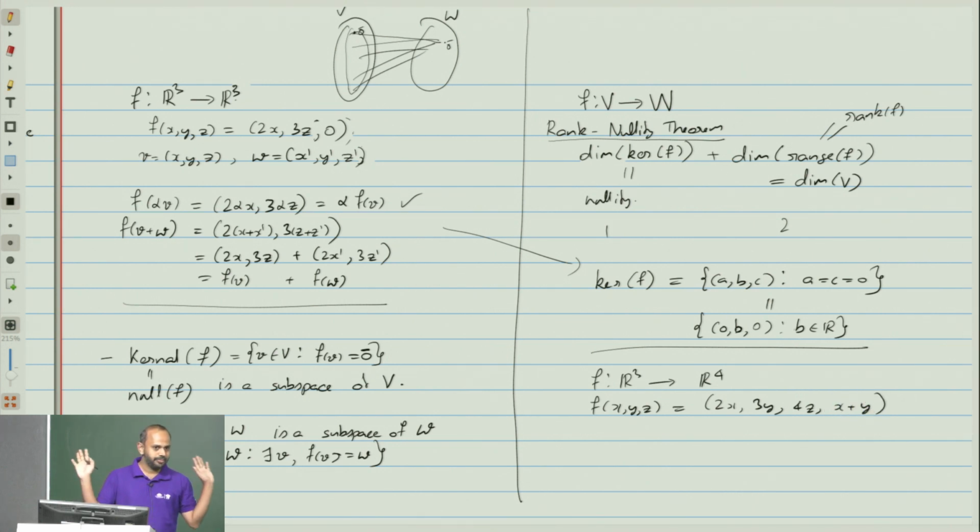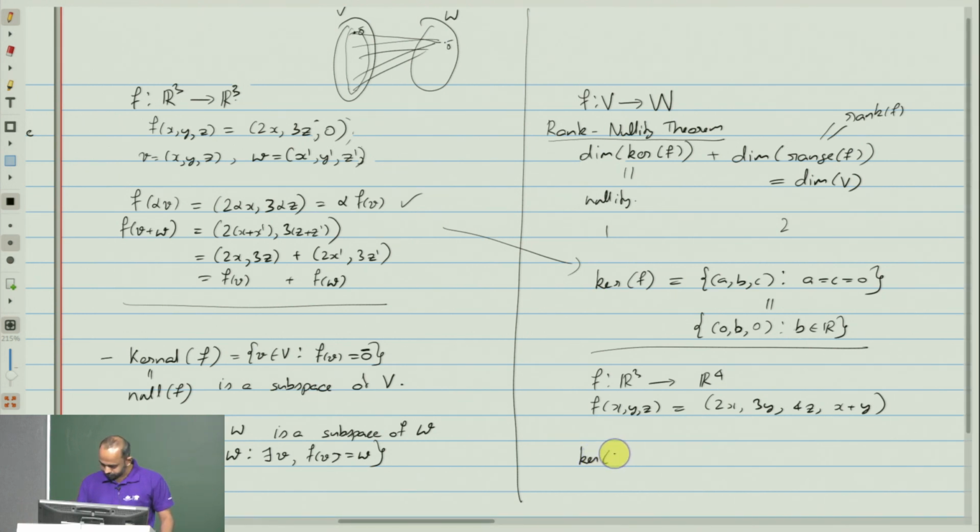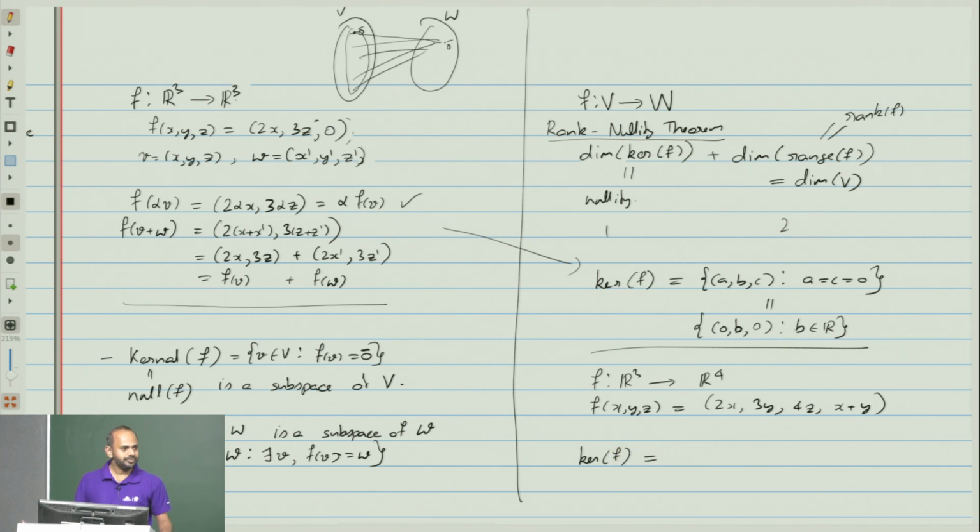I am just defining some function. Is f a linear transformation? Yes. You just write down and verify those conditions, and you will find that it is a linear transformation. Now, what is the kernel of f? Can you tell me the kernel of f?